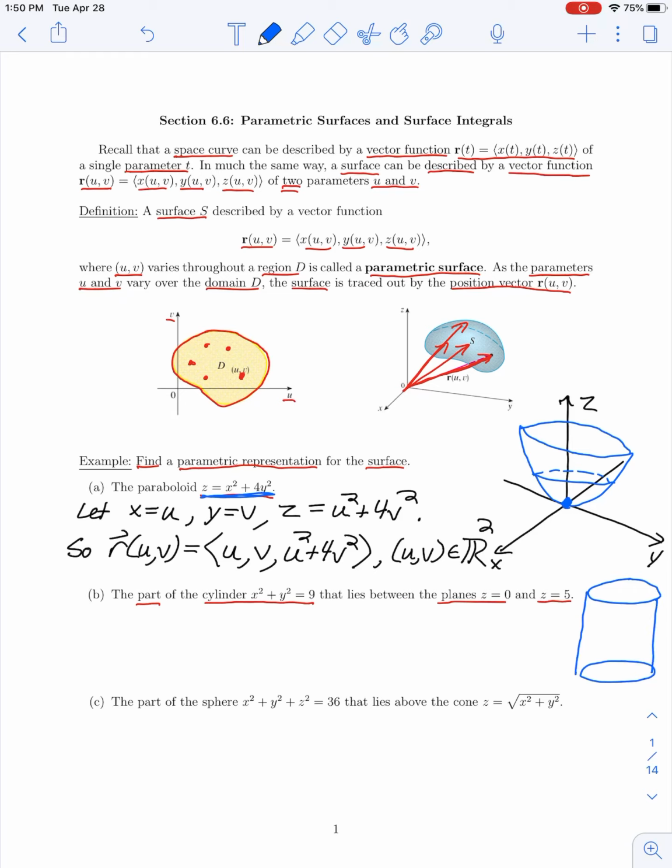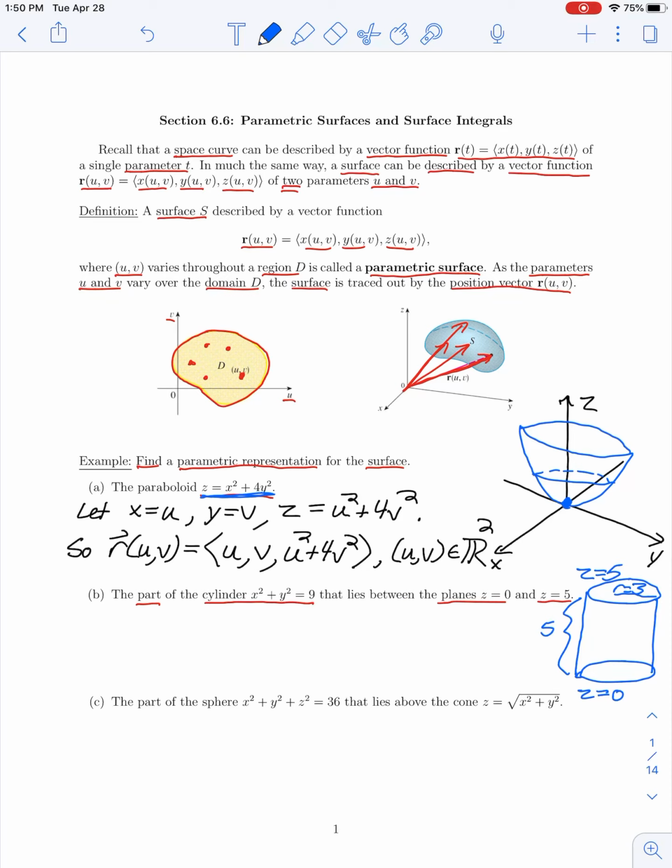The lower plane, z equals 0, is the xy plane, and the upper plane, z equals 5, is the plane which is parallel to the xy plane but 5 units above it. So the height of this part of our cylinder would be 5 units.